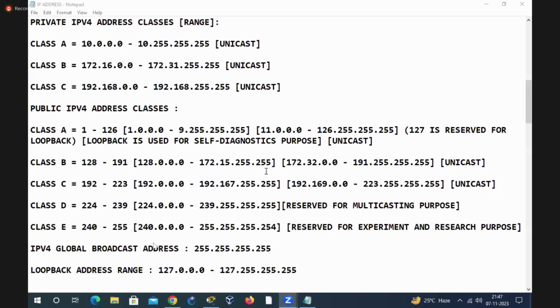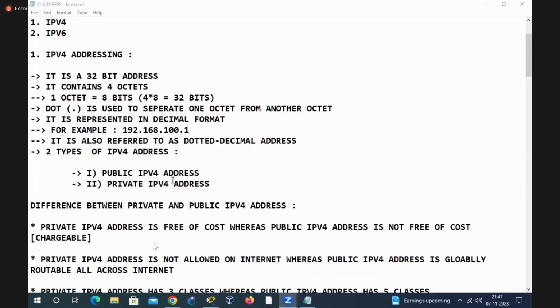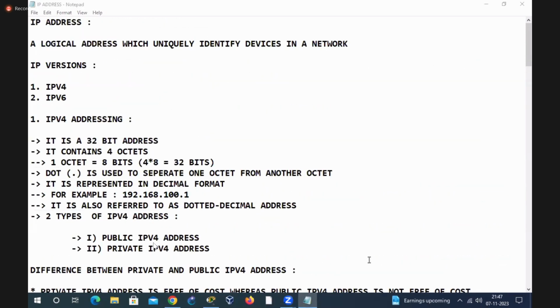You should be able to instantly figure out all these things by looking at the IP address itself. So that is why it is important to memorize all these address ranges very clearly. So take the screenshot of all this, everyone.